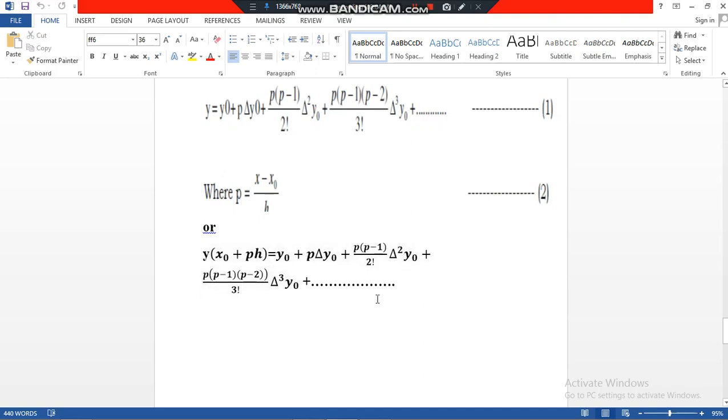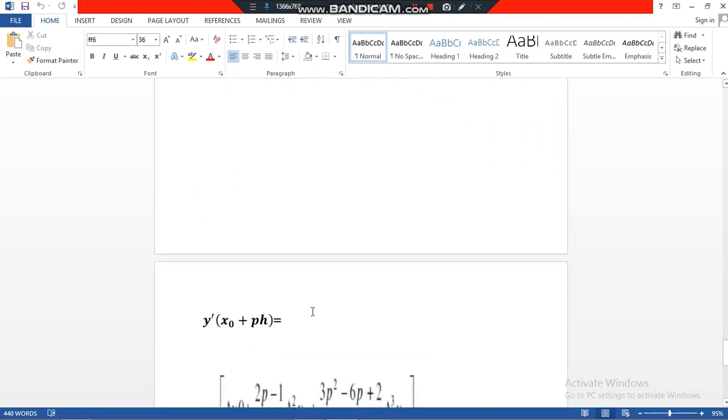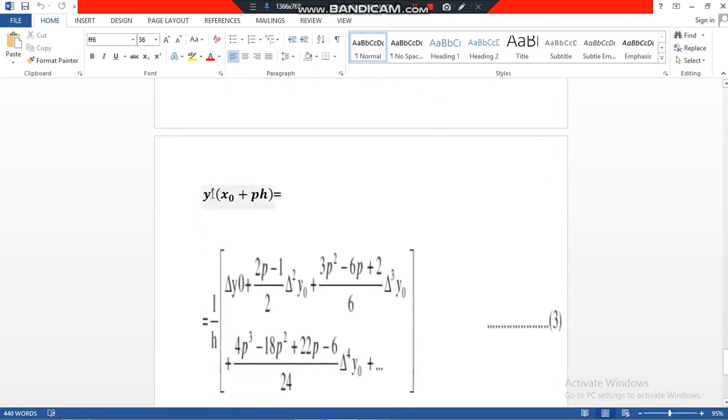Similarly we do the differentiation on this side also with respect to p. After differentiating we get y dash x naught plus ph; I have transferred this h to this side, so it becomes 1 by h here, and differentiation of the series on the left hand side with respect to p gives us this much.